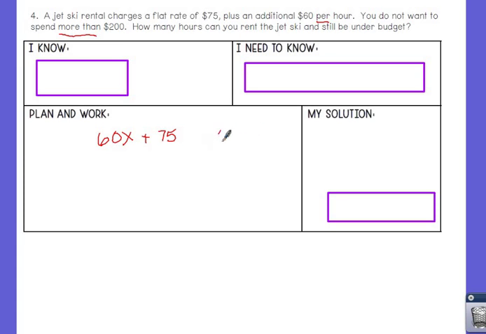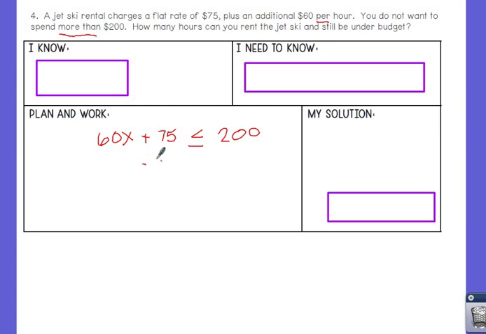So I know $200 is my big amount. Can I spend more than $200 if I don't have it? No, 200 has to be my bigger number. Can I spend exactly $200? Yes. So I can have an equal to sign. So there's my inequality.